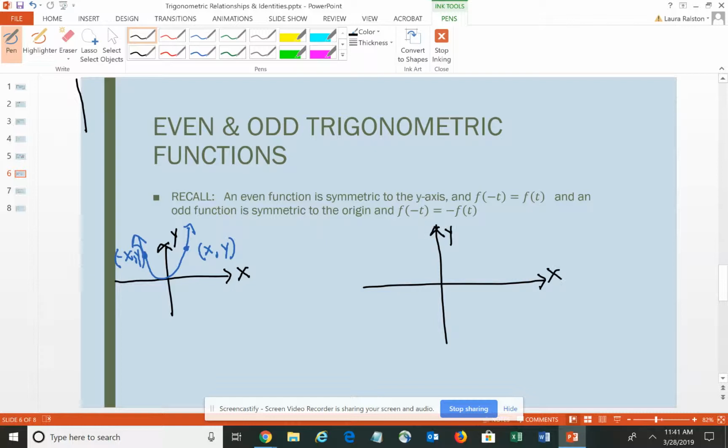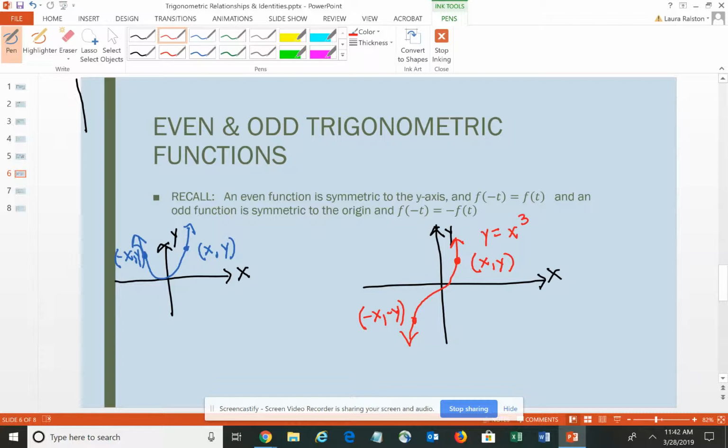If you go back and think about one of your basic algebra functions, x cubed, in this particular one, you would have the ordered pair x, comma, y, and also negative x, negative y. So for the odd function, if you input x, you get y. If you input negative x, you get negative y. Hopefully that's a review of even and odd.